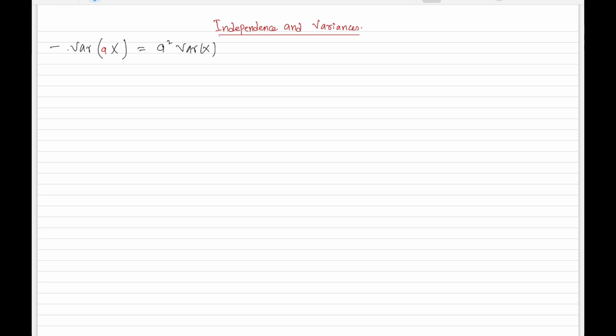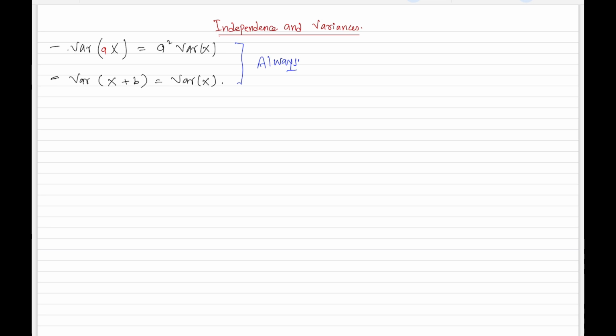The second property: if we have a random variable x and we add some constant to it, then the variance is simply the variance of random variable x. These properties are always true.